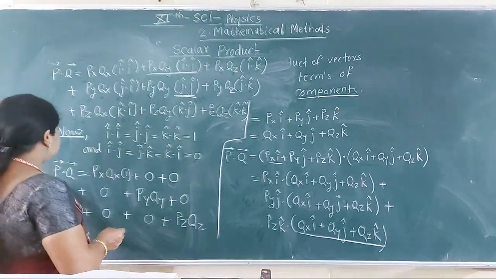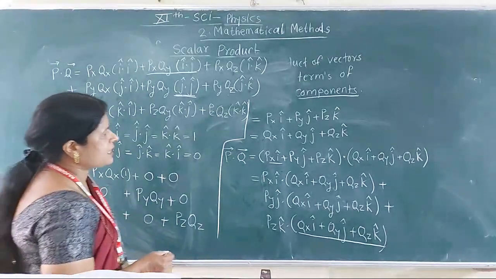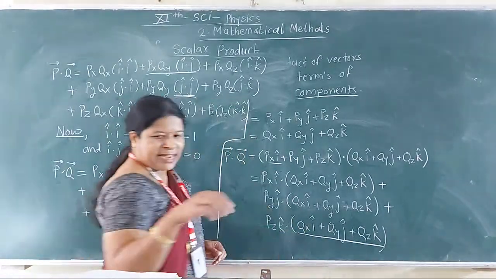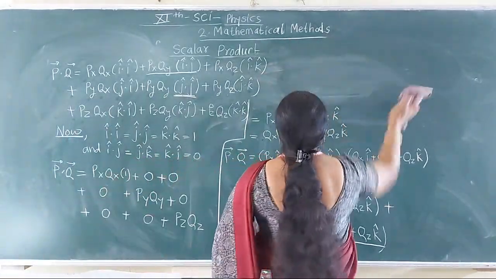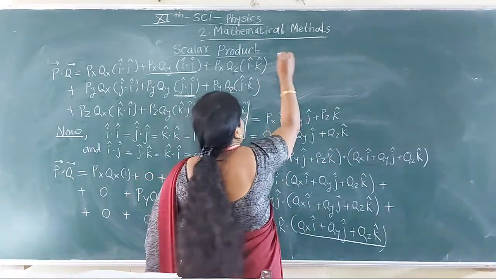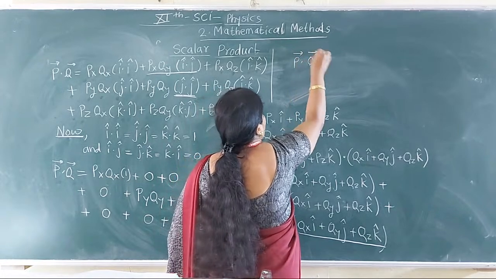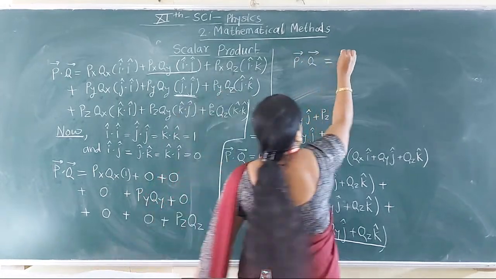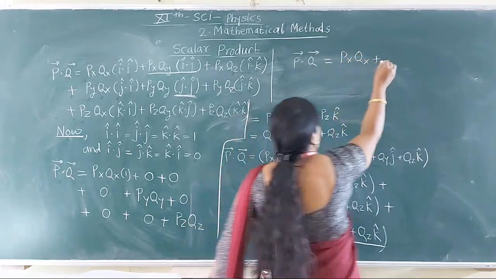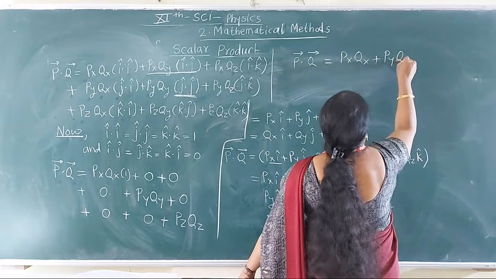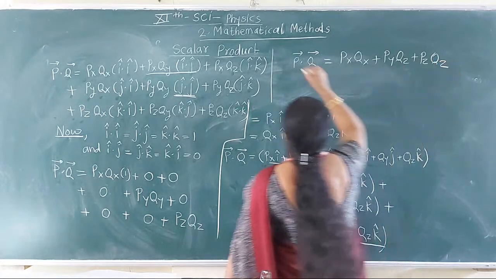So the scalar product vector p dot vector q, we get the result as vector p dot vector q is equal to px qx plus py qy plus pz qz.